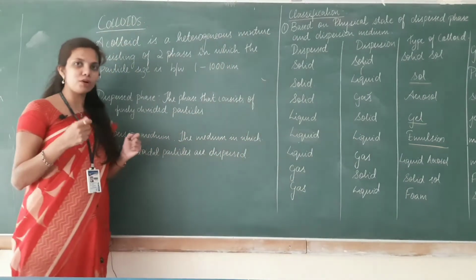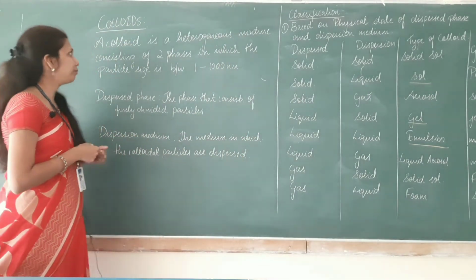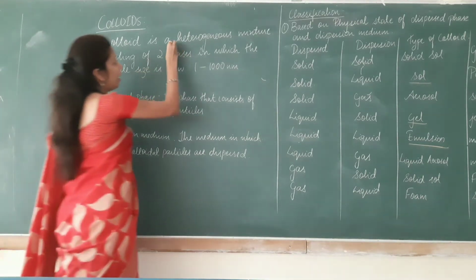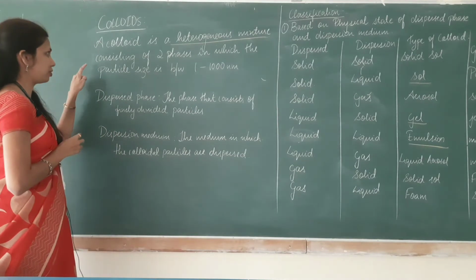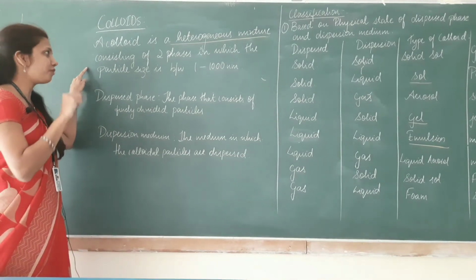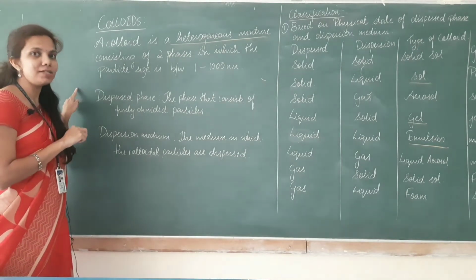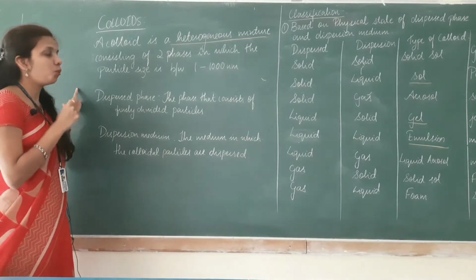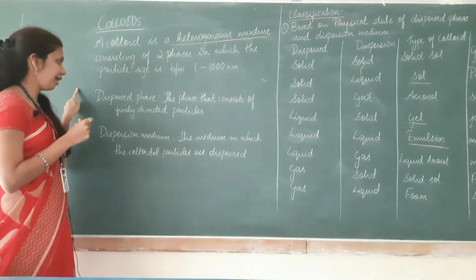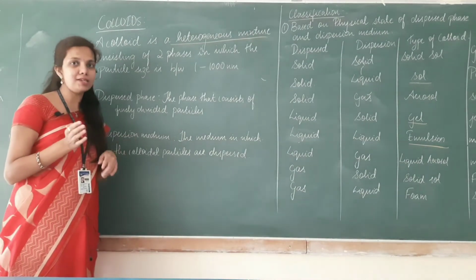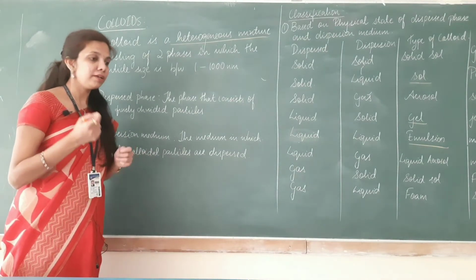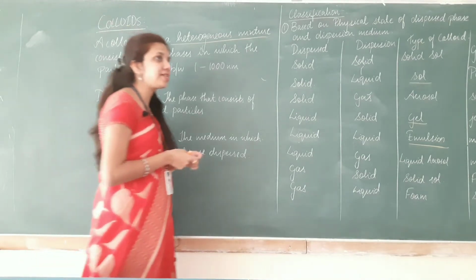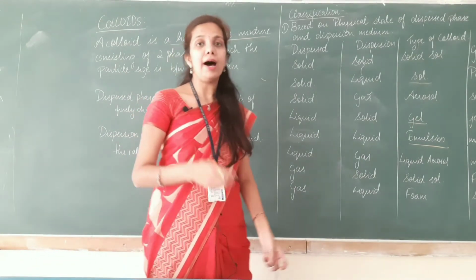So let us see the definition of a colloid. A colloid is a heterogeneous mixture consisting of two phases in which the particle size is between 1 to 1000 nanometer. Now these colloidal particles have certain properties.